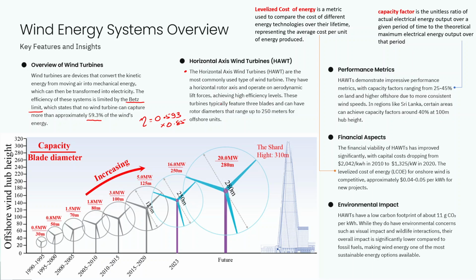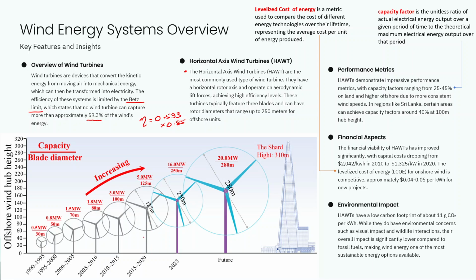In the very early days, in the 1990s and 1995, they were very small, with a maximum blade diameter of 30 meters, and it could only generate 0.5 megawatt, but the technology has evolved over time.